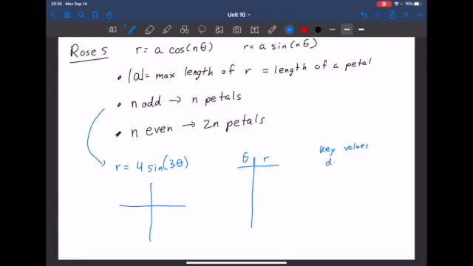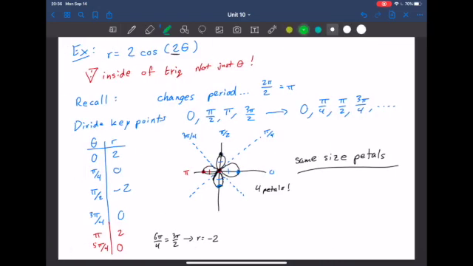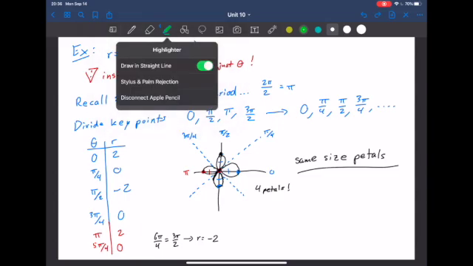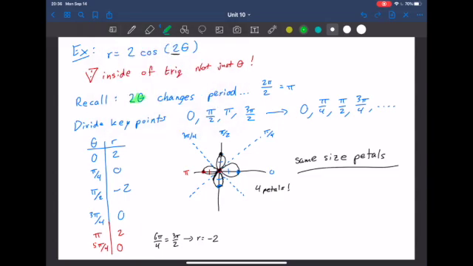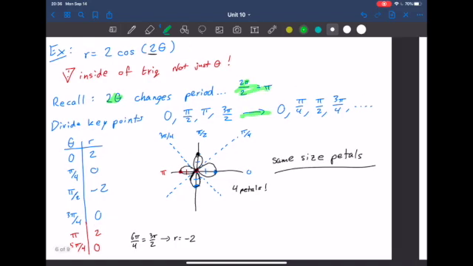I'm going to divide by 3. And again, this is what I said on the last slide. We had 2 theta, so we divided by 2 for the period. That's the stuff I'm talking about.